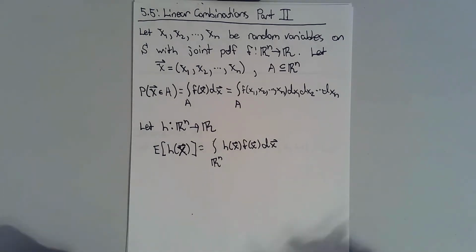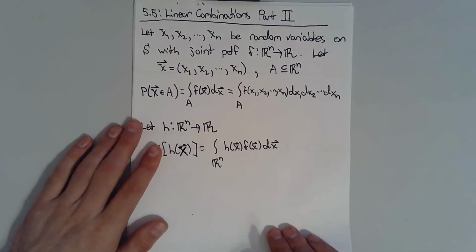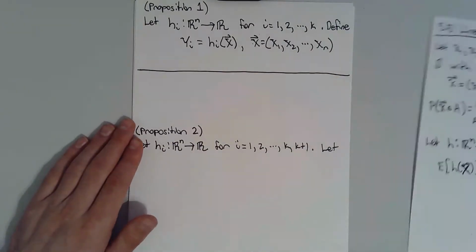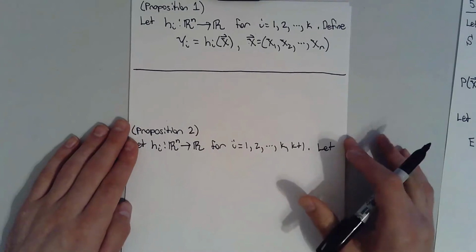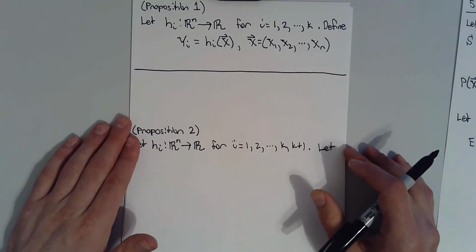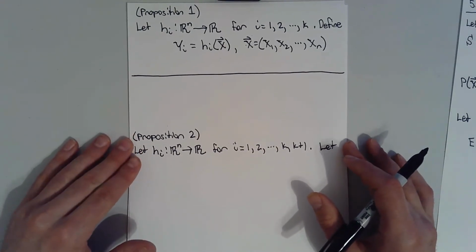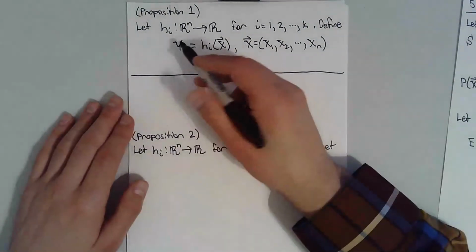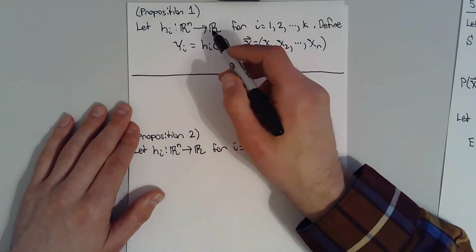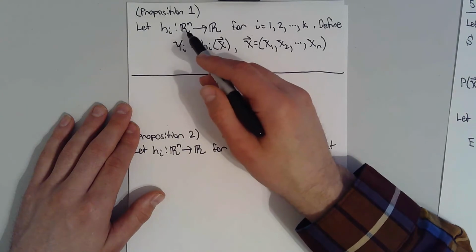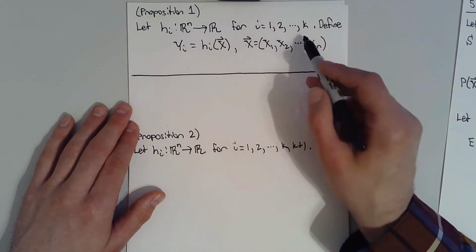And we ended up with the following proposition. This is actually a generalization of the proposition we gave in the last video. Let h sub i be a scalar function on Rn for each i going from 1 up to some value k.